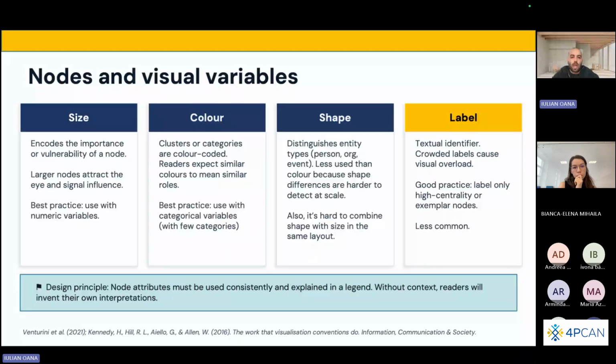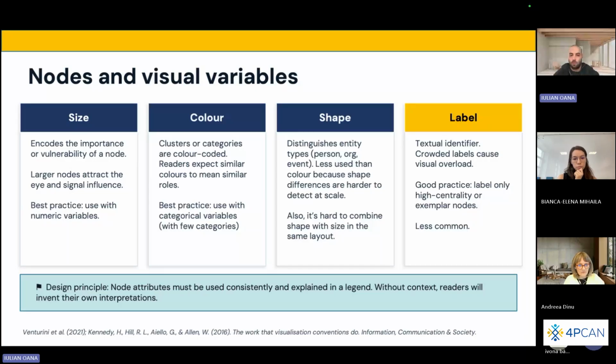And as with size, here the best practice is to use color with categorical variables, because color in itself is a categorical variable. So use it with a categorical node attribute, and also, if possible, with few categories.